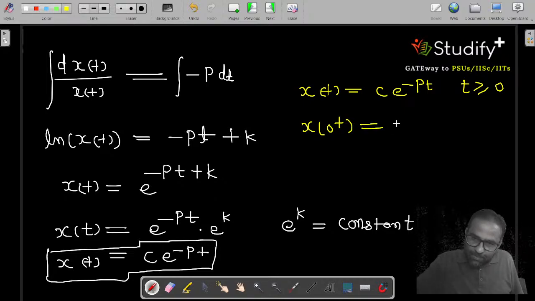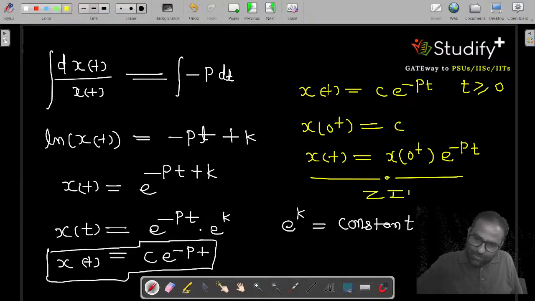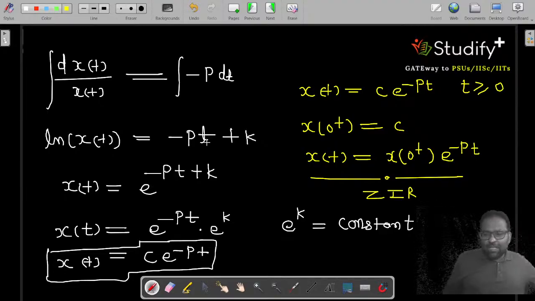So this value will be c. The constant comes from here: x(t) equal to x(0+) into e to the power minus pt. This solution is known as the zero input response.